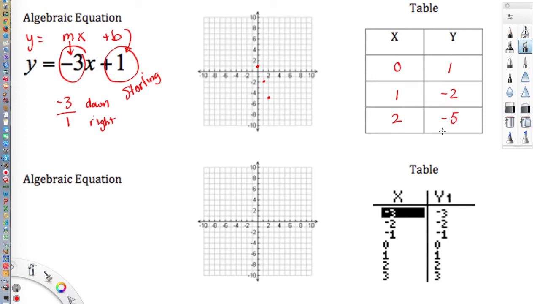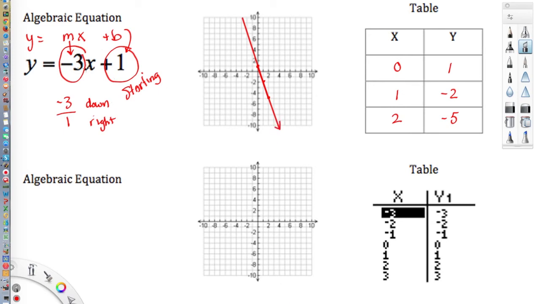Okay, and there's my data. And then my line would look like this. There we go. And we can see that I have a downward or negative slope.